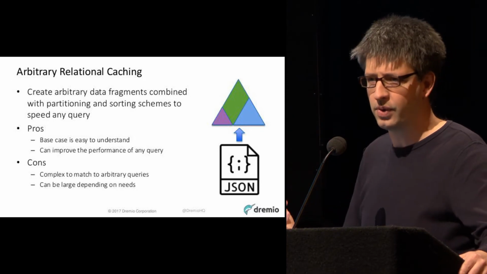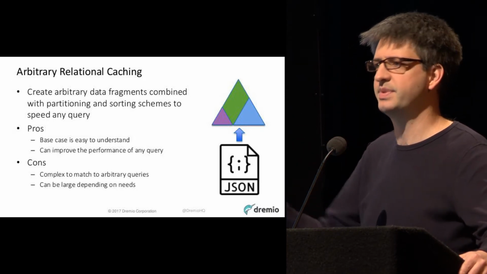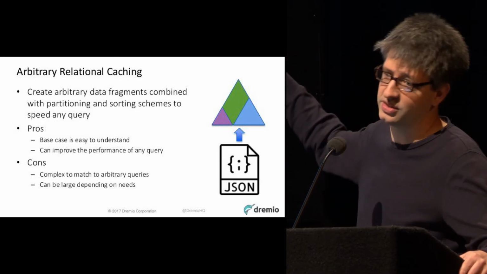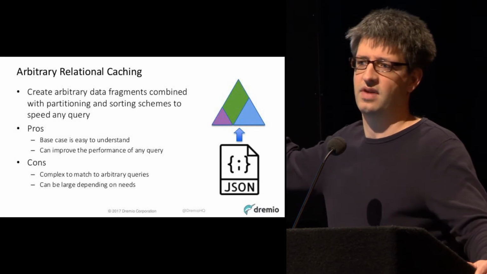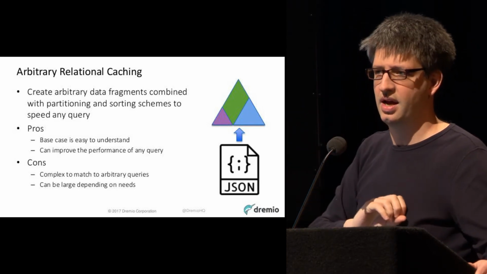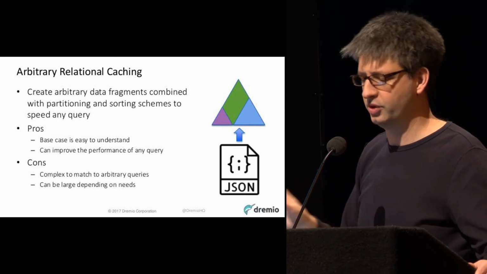That is an arbitrary query pattern, and I want to make it faster because I know I'm frequently going to interact with some subset of that data. With arbitrary relational caching, you start to see these triangles, which is what I use to describe these graphs of different operations. You might say, I have this green triangle, which is a set of operations I want to solve, but I can solve some portion of it with the purple and the blue triangles.